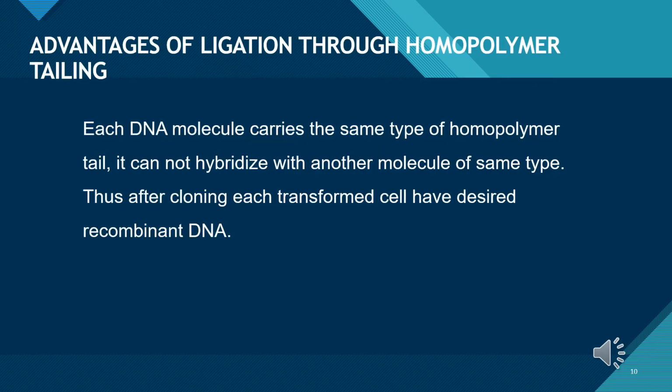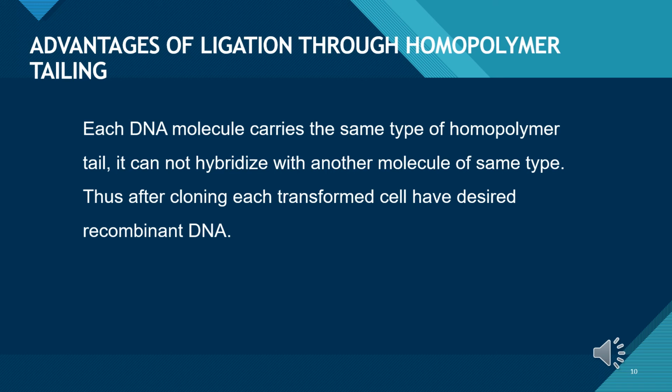Now, what are the advantages of ligation through homopolymer tailing? You see, during homopolymer tailing, each DNA molecule carries the same type of homopolymer tail. For example, in the insert DNA, we have added a poly-dC tail. Now each molecule of insert DNA will carry the poly-dC tail.